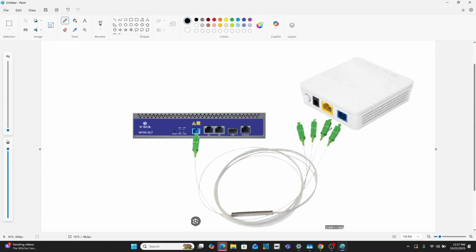All these customers, let them be 50 in number, or let them be 20 in number. If this link here goes down just before the splitter, everybody after the splitter goes down.